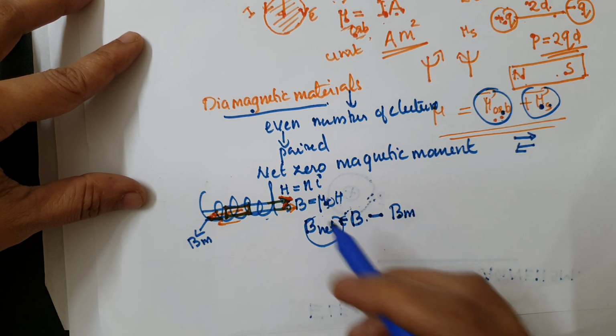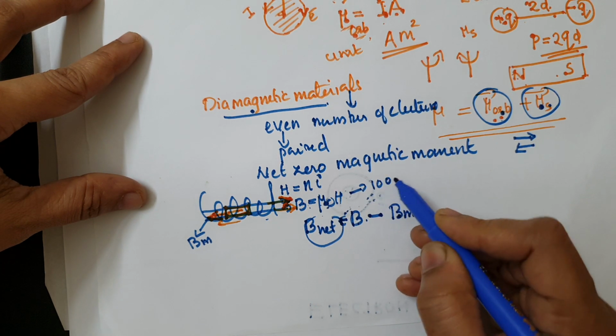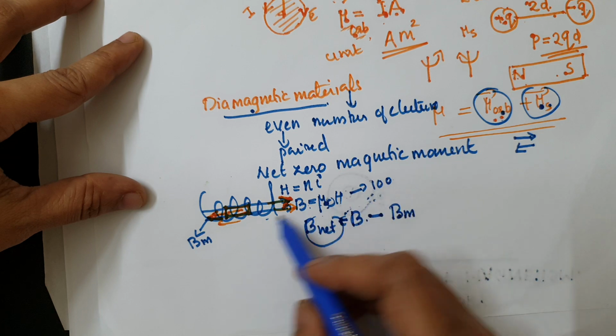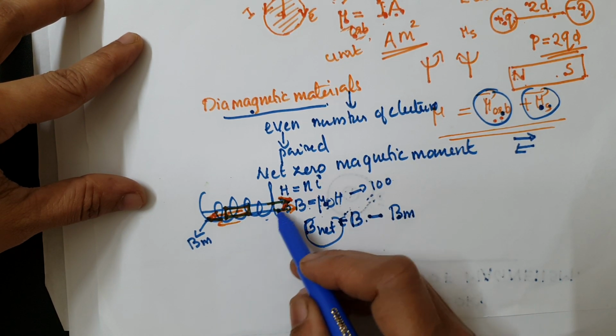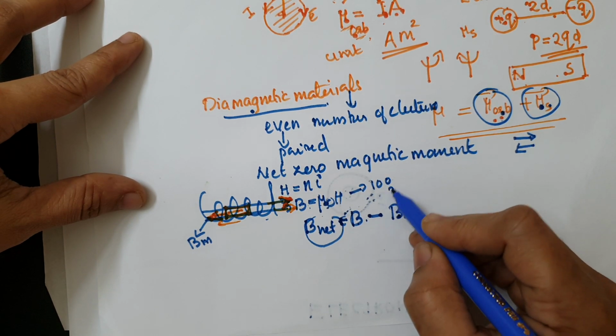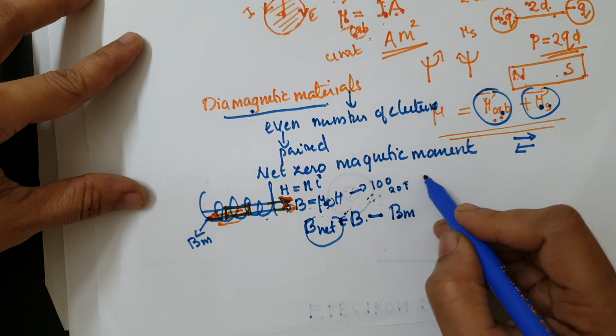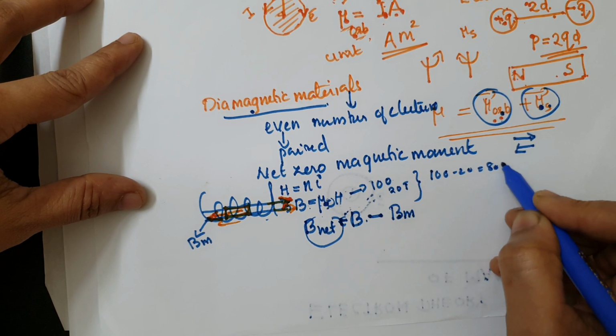For example, if the external magnetic field B has a value of 100 Tesla, and when we introduce this diamagnetic material into this external field, it has a magnetic field of 20 Tesla, then the net field will be 100 minus 20, 80 Tesla only.